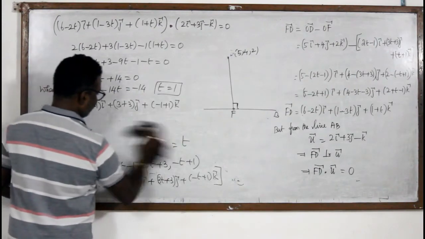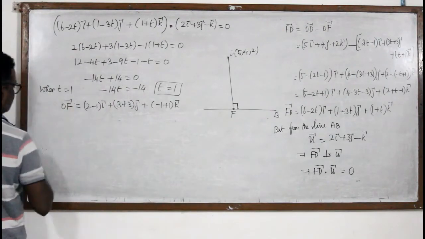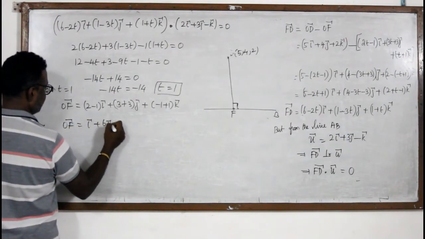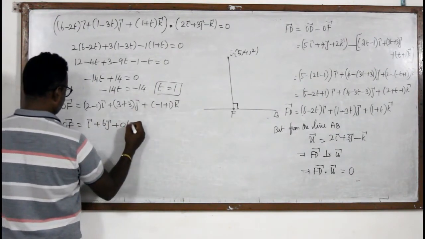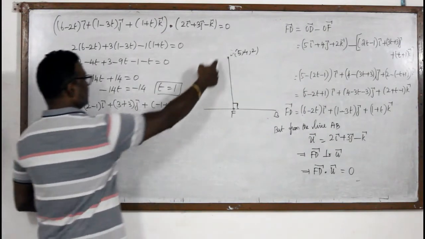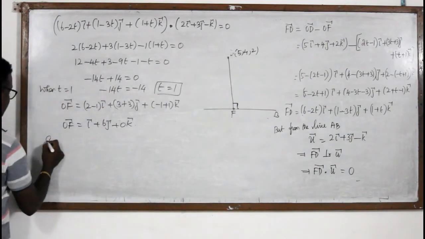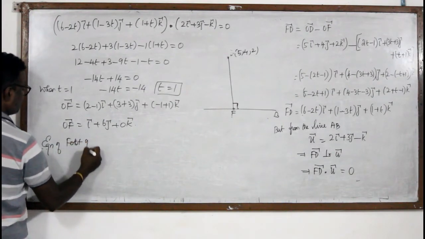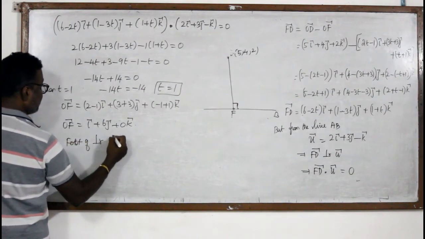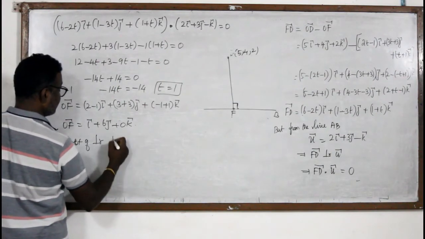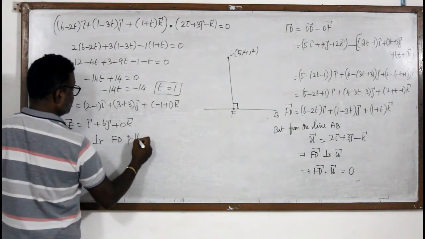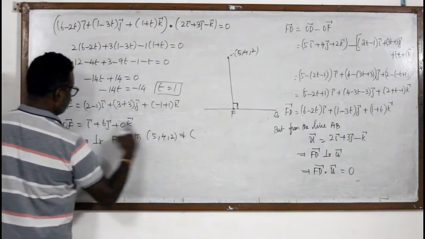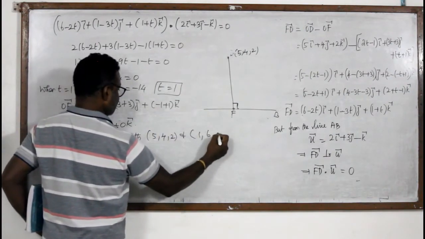Then the OF vector is i plus 6j plus 0k. Now I have to find the equation of the perpendicular FD, passing through D (5, 4, 2) and F (1, 6, 0).